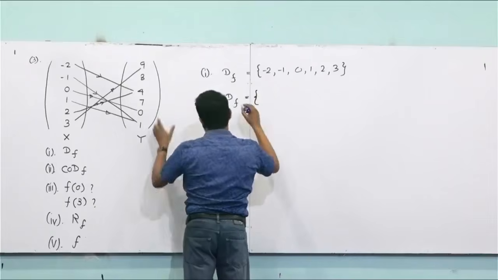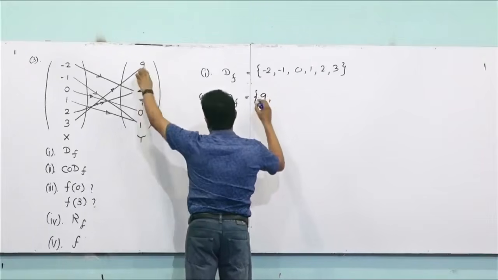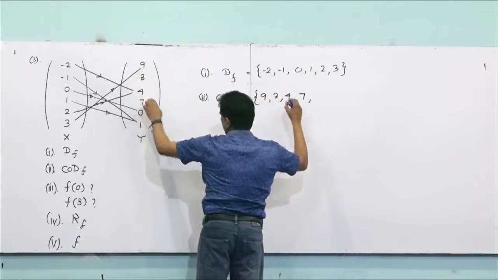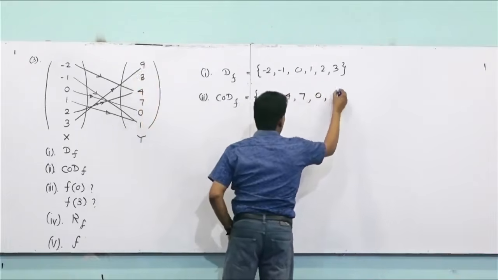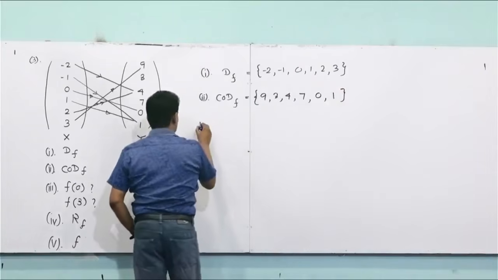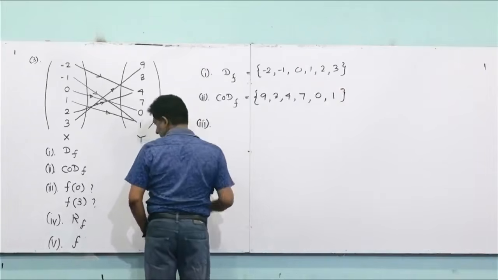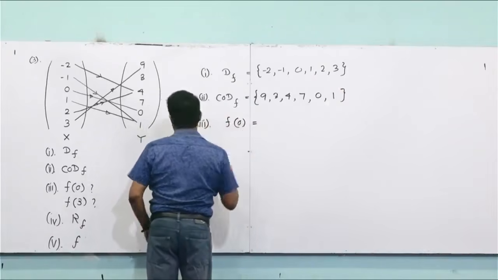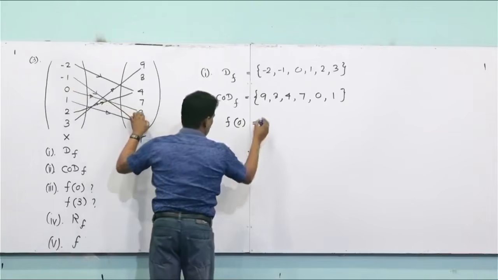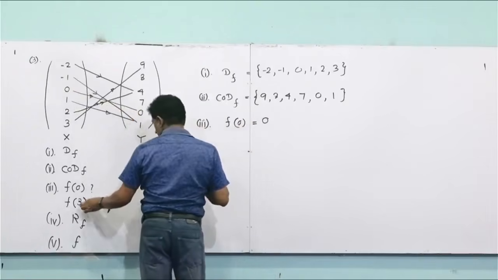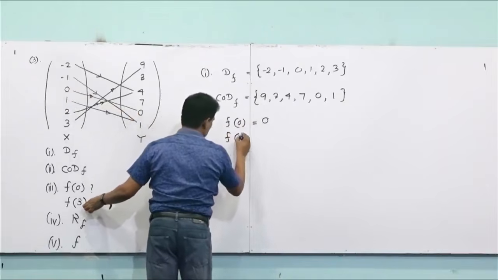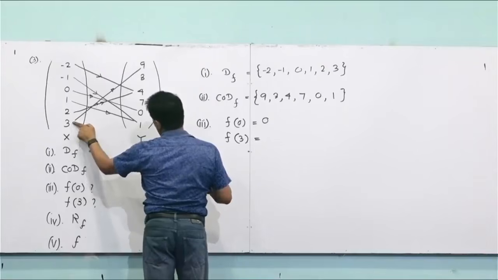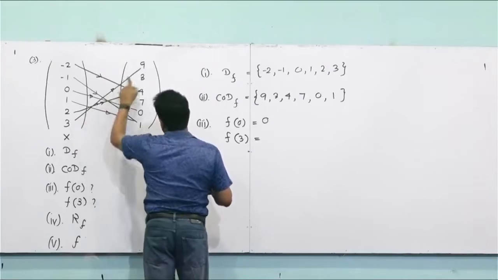CODF means set Y. Then elements 9, 8, 4, 7, 0 and 1. Third one, F of 0, that means image of 0. Image of 0 is 0. No? Then F of 3 means image of 3. This is the element 3. Then its image is 9. No?